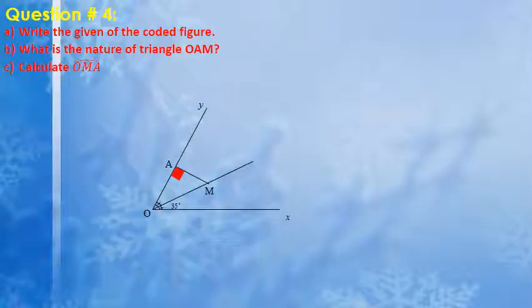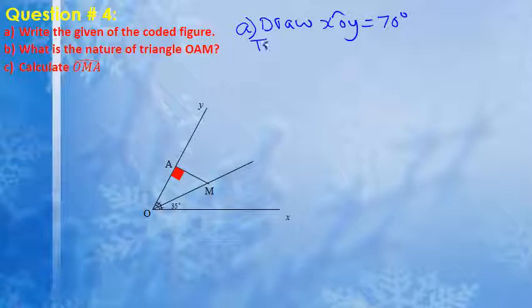Question number 4, we should write the given of the coded figure. To write the given, we should look carefully at the figure we are given. We can see that we are drawing an angle XOY. XOY is equal to 70 degrees, and we trace OM, which is the bisector of angle XOY.